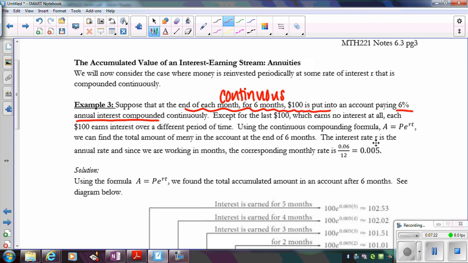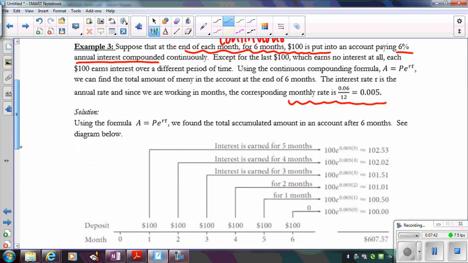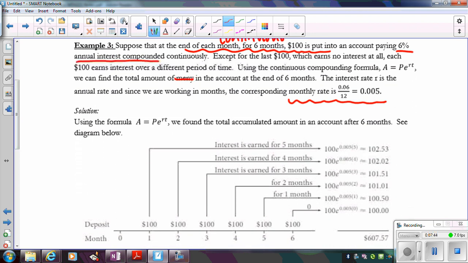Also keep in mind that since it's 6% annual interest and we're looking at monthly, we're going to take that interest and divide it by the 12 months. So this is going to be your monthly interest rate. This is a typo too, you can fix that, money.